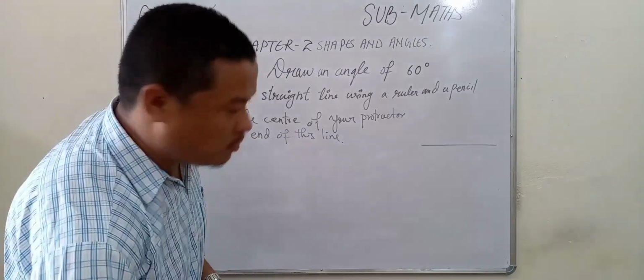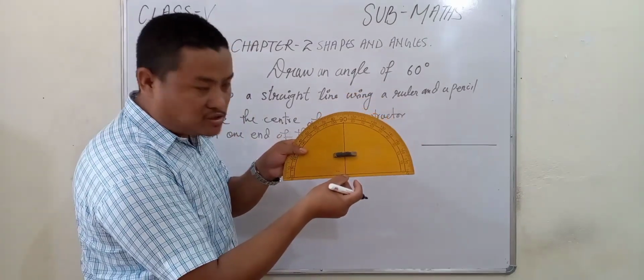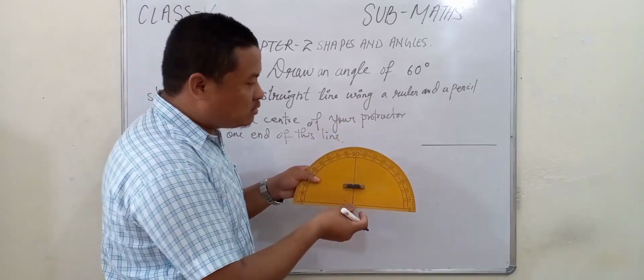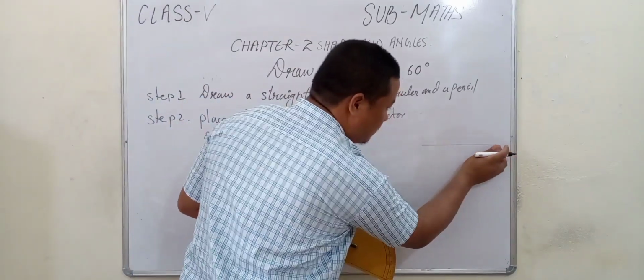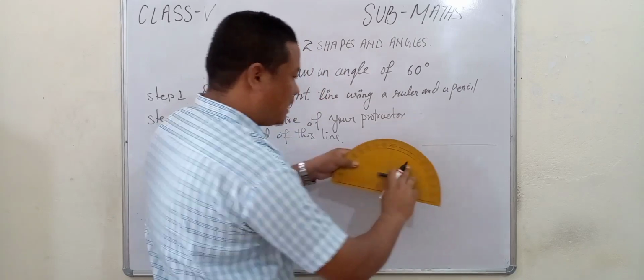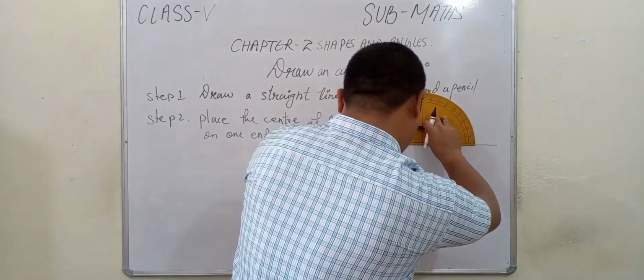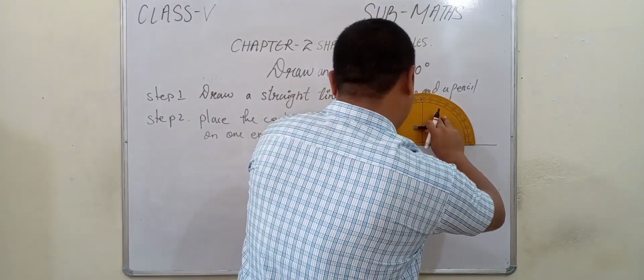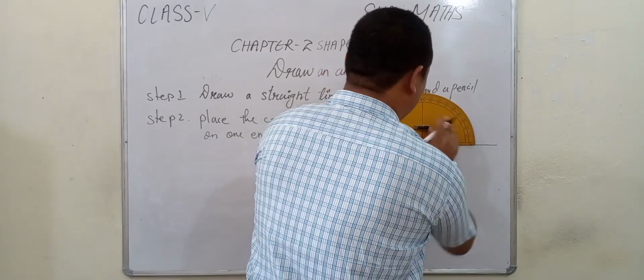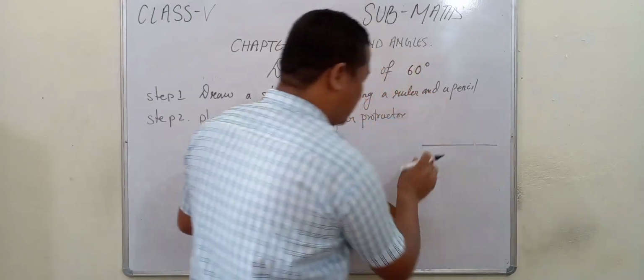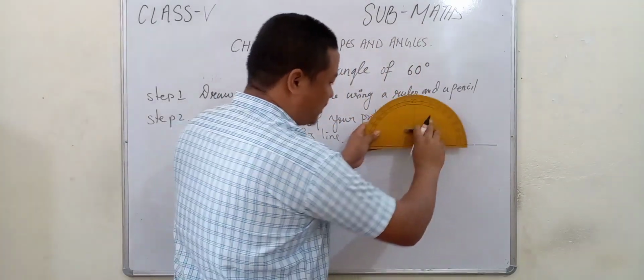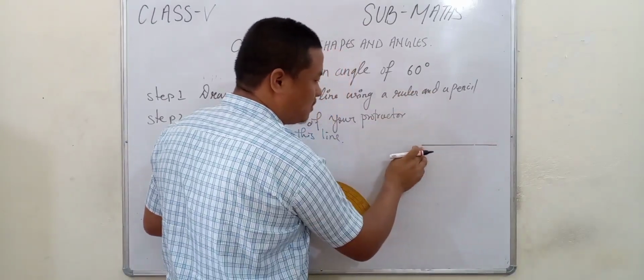Okay, this is your protractor and this is the center of the protractor. This one you can place either here or here. Suppose I keep it here. This is the second step. You can keep it either here or here.